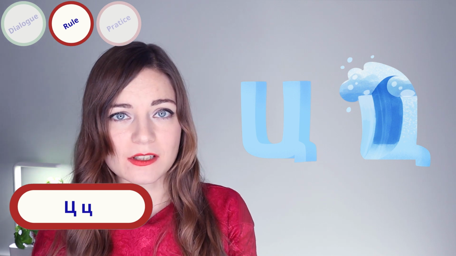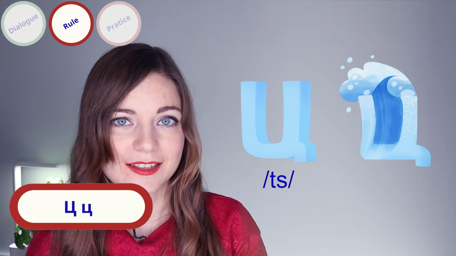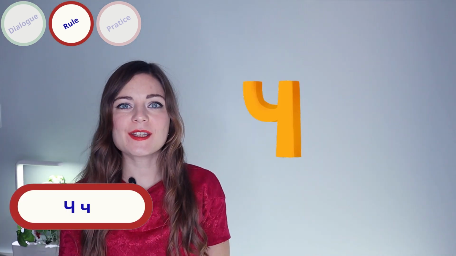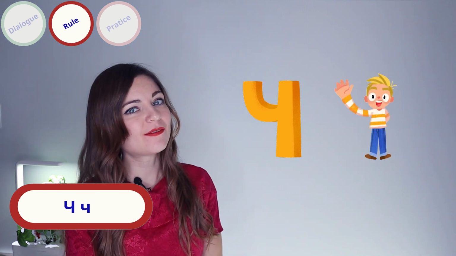The letter C gives the sound ts, as in tsunami. Actually, this is the sound that two letters give in English, t and s, ts. The letter ch gives the sound ch, as in the Italian greeting ciao, ch.